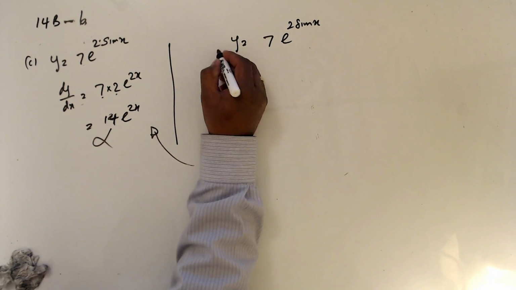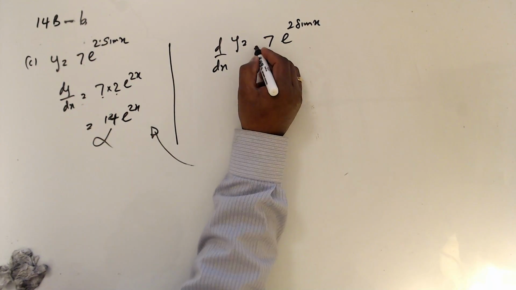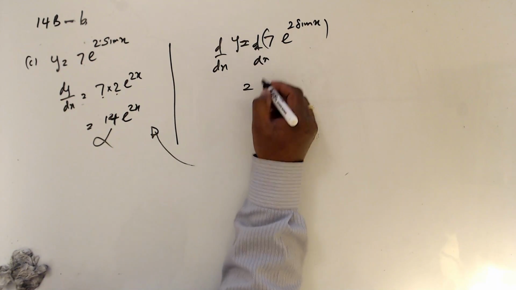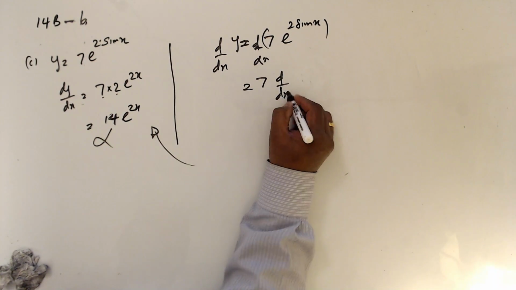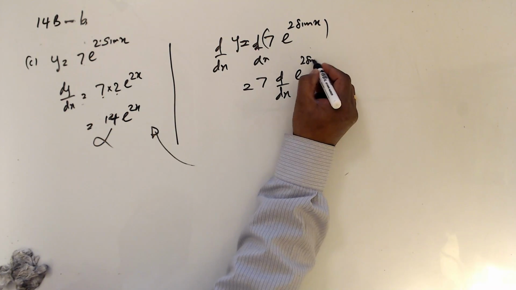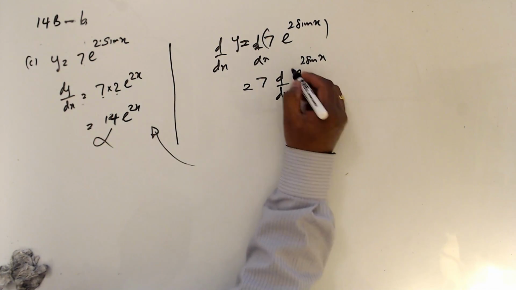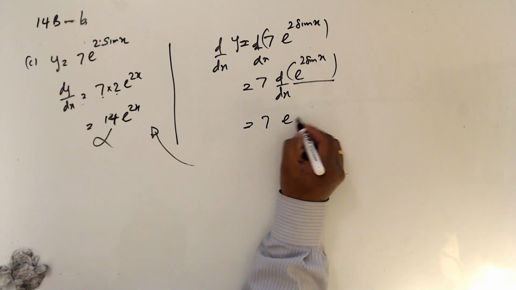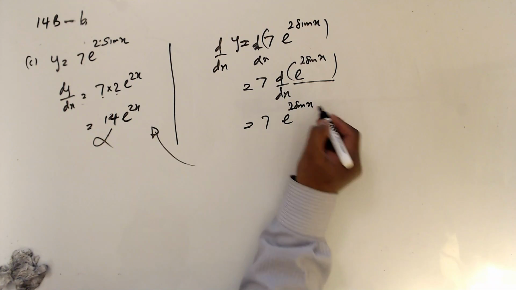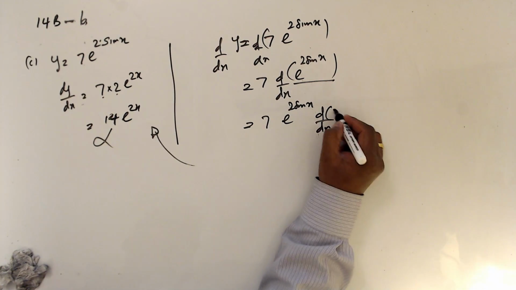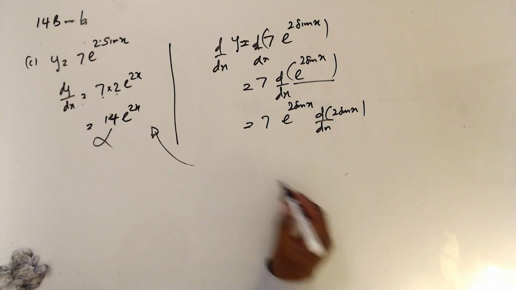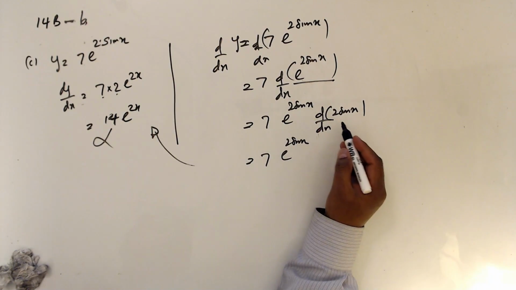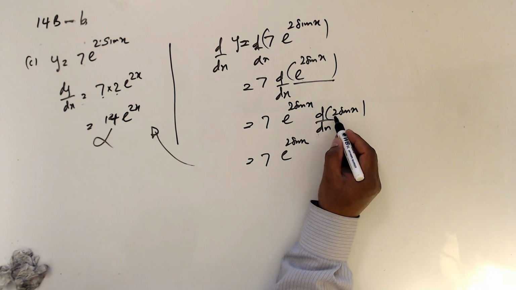Then we bring the operator d/dx. Then 7 is a constant, I have to take it out. Now e^(2 sin x), then 7 e^(2 sin x) times d/dx of 2 sin x.